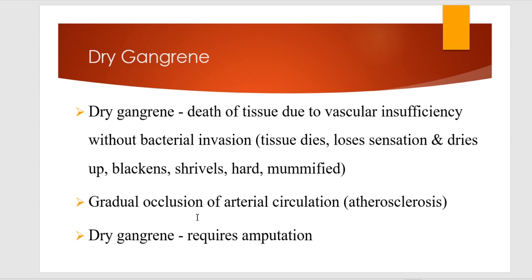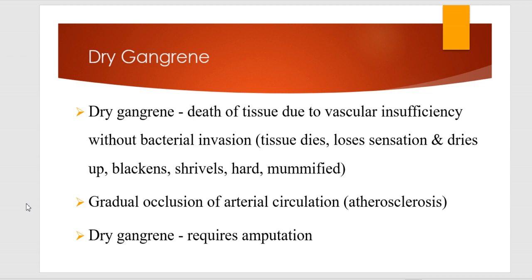So atherosclerosis is usually a disease of old age. So dry gangrene cases are usually seen in elderly people. Remember this most of the time. And most of the time, these patients require amputation.